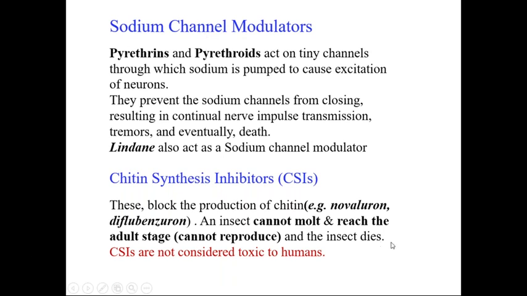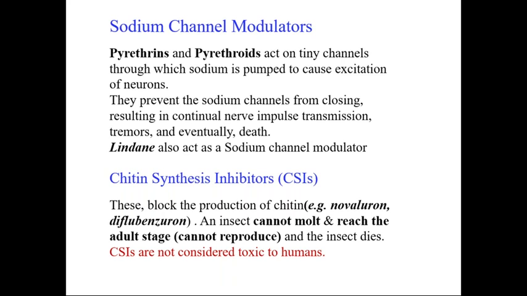Then we have the insecticides such as novaluron, which acts as a chitin synthesis inhibitor. Most of the insects, if you see their exoskeleton, that is the outside, their skin-like structure, is made up of chitin, and chitin has to be synthesized.